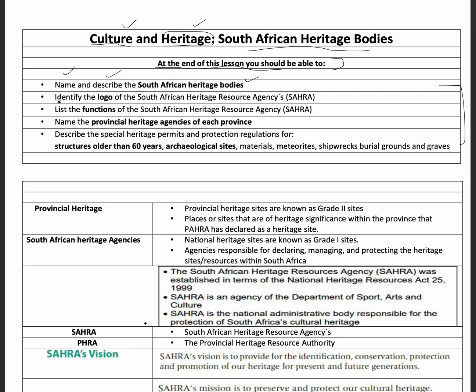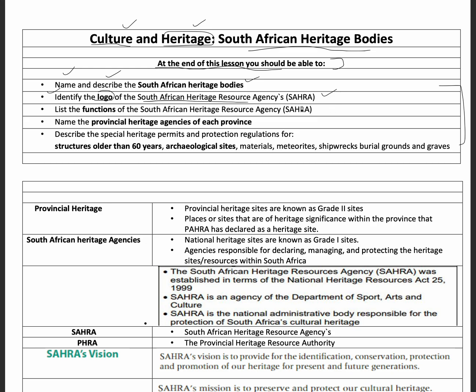Then the second bullet is to be able to identify the logo of the South African Heritage Resource Agency. So you must know the logo of the South African Heritage Resource Agency.